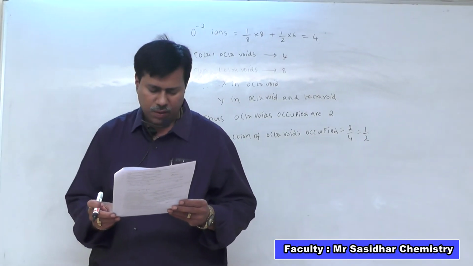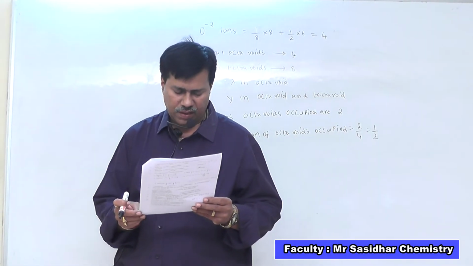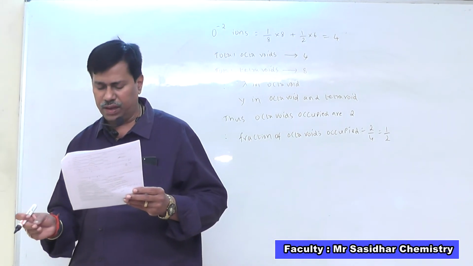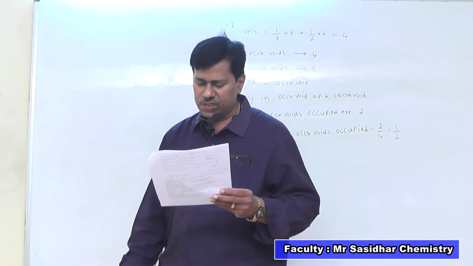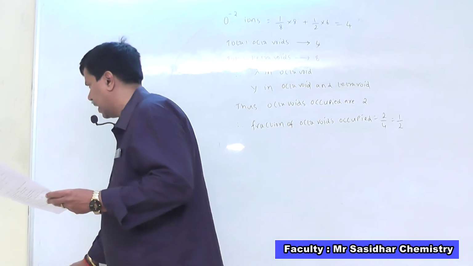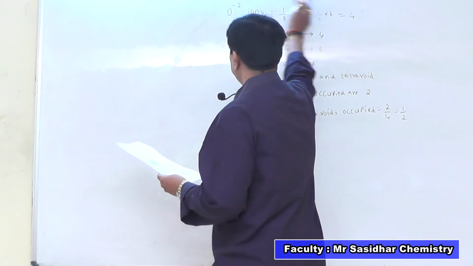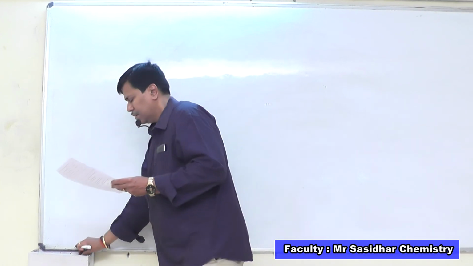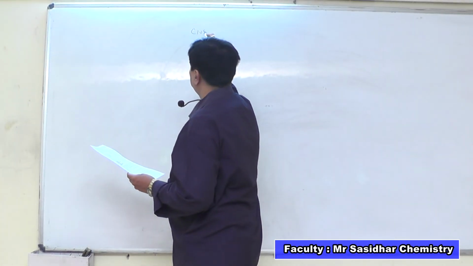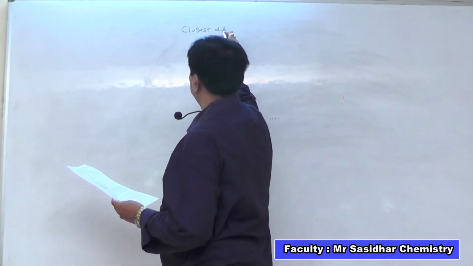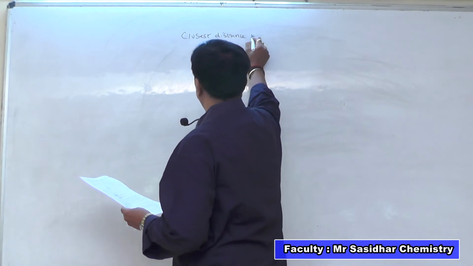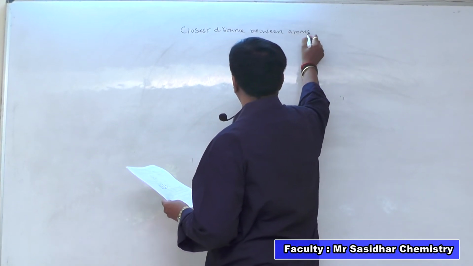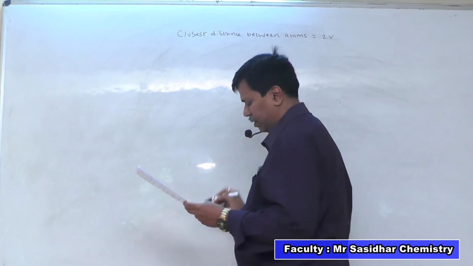Metallic gold crystallizes in FCC. So closest distance between atoms will be 2r.